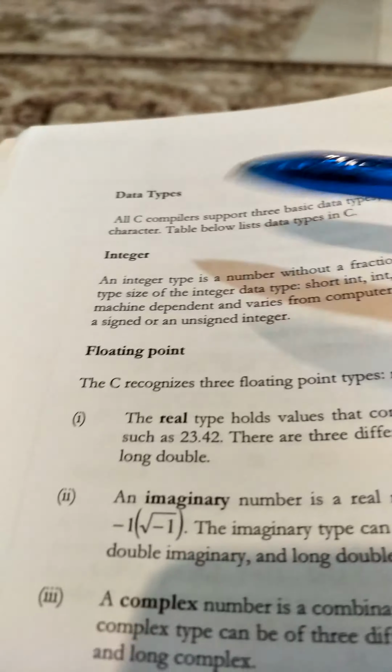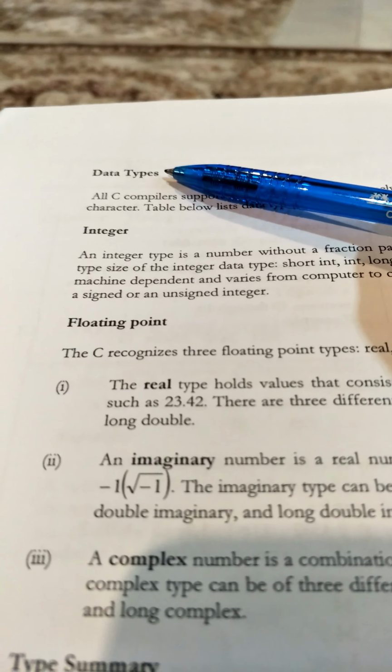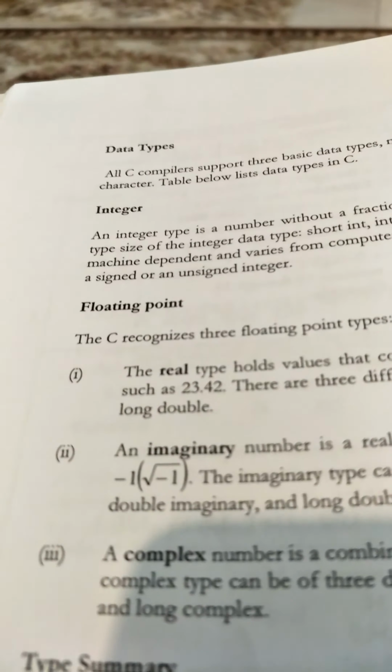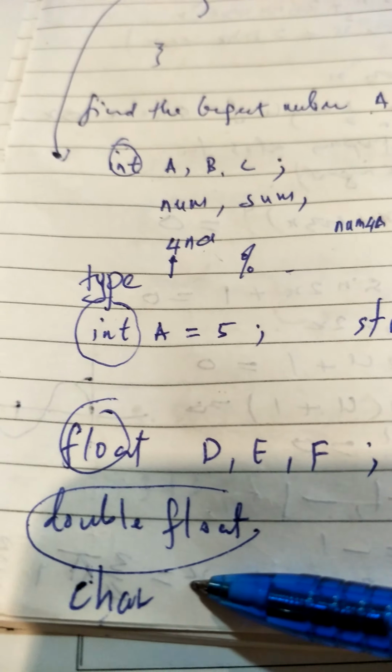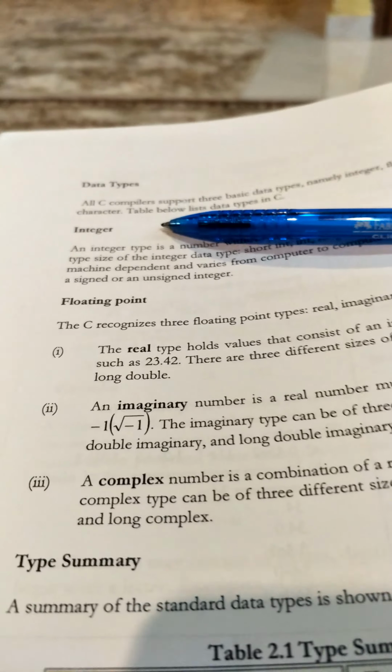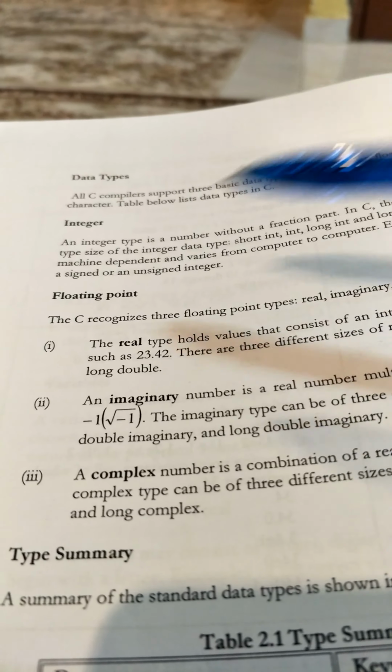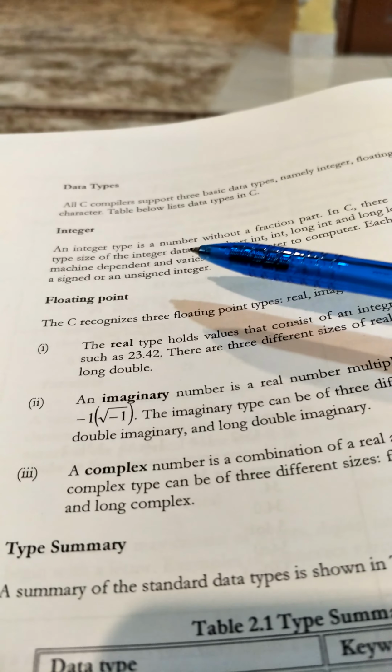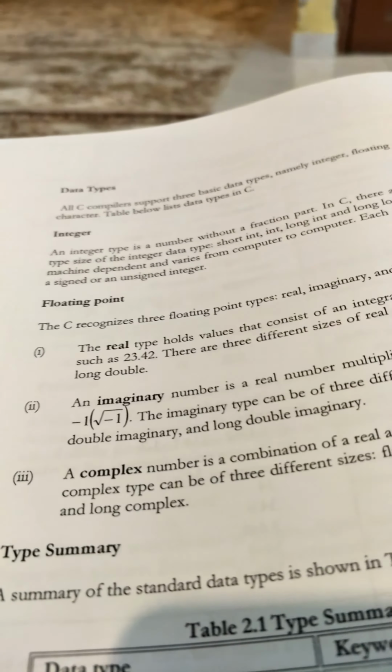So the data types, as I explained earlier: integer, float, double float, character. C recognizes three floating point types: real, imaginary, and complex.